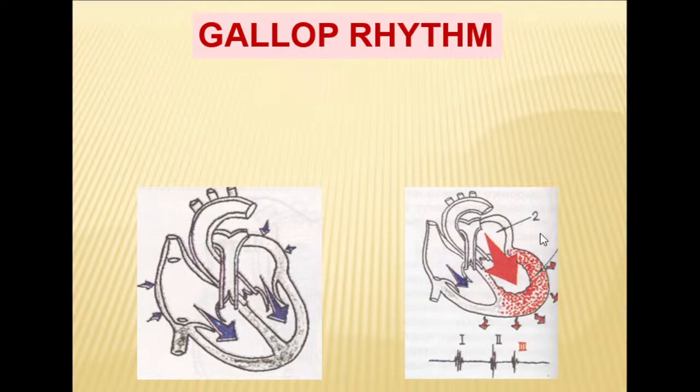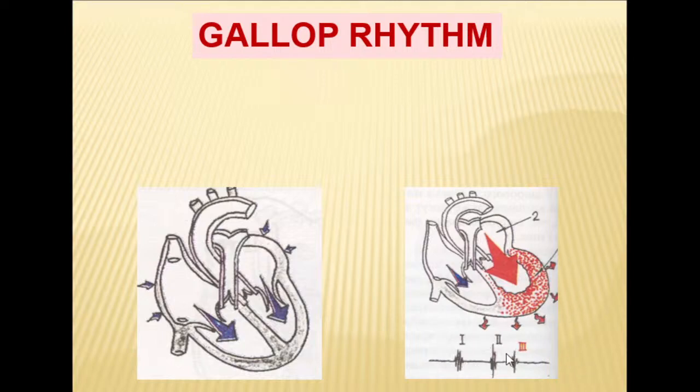If the heart muscles are so weak that they vibrate during the whole period of filling the left ventricle with blood, the third and fourth sounds will both be present, but our ear cannot distinguish more than three sounds. We'll hear only three strokes.